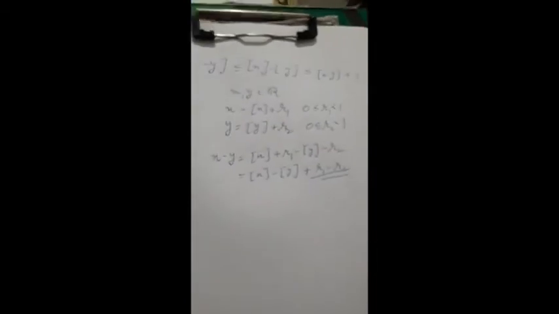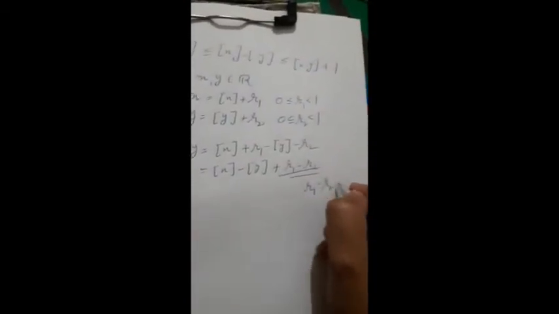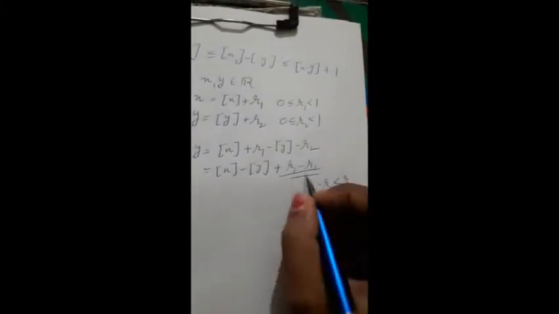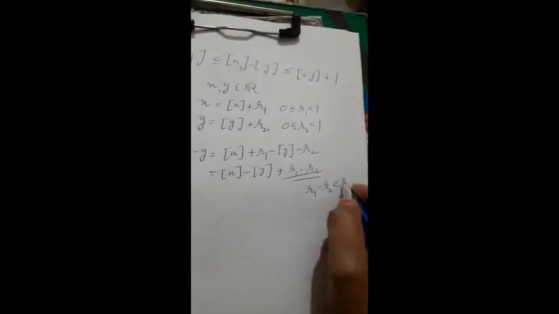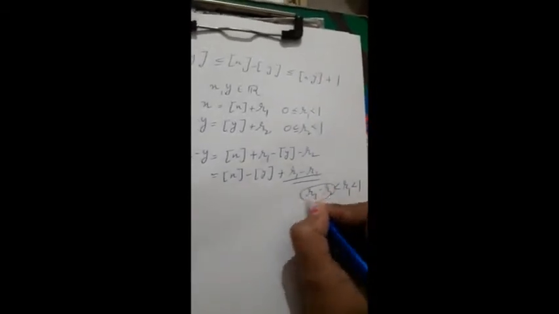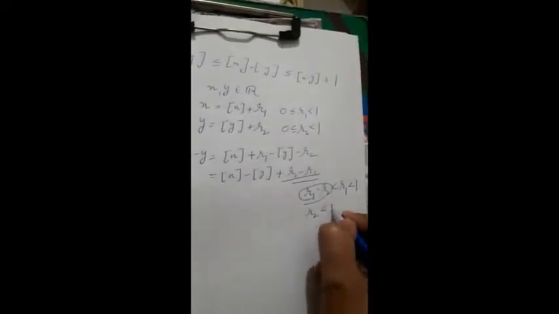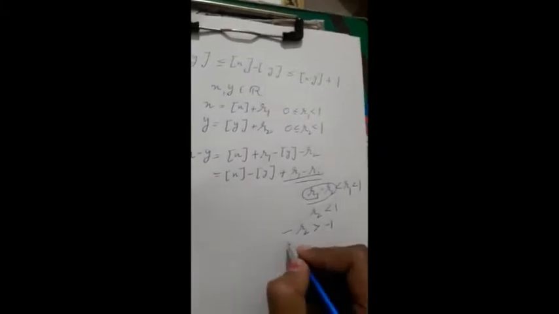Now what is the value of r1 minus r2? Now r1 minus r2 is definitely less than r1 because r2 is a number lying between 0 and 1. When we subtract it from r1, then it is less than r1, and r1 is less than 1. So it is less than 1. Again r2 is less than 1, so therefore minus r2 is greater than minus 1.